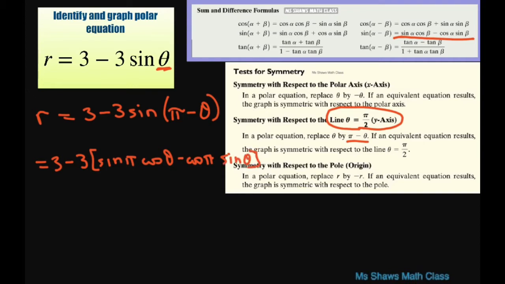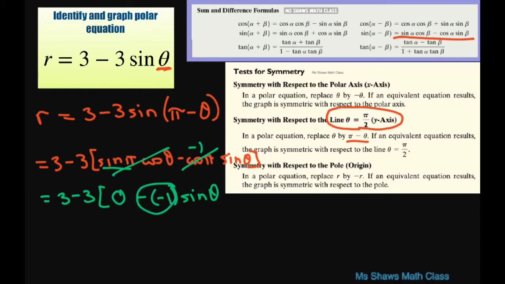Sine of pi is 0, so that goes away. Minus a negative 1 times sine of theta is a plus 1, so you're going to get 3 minus 3 sine of theta. Now, it is equivalent to my original, so this test passes, and it means our graph is going to be symmetric to the y-axis, or the line theta equals pi divided by 2.